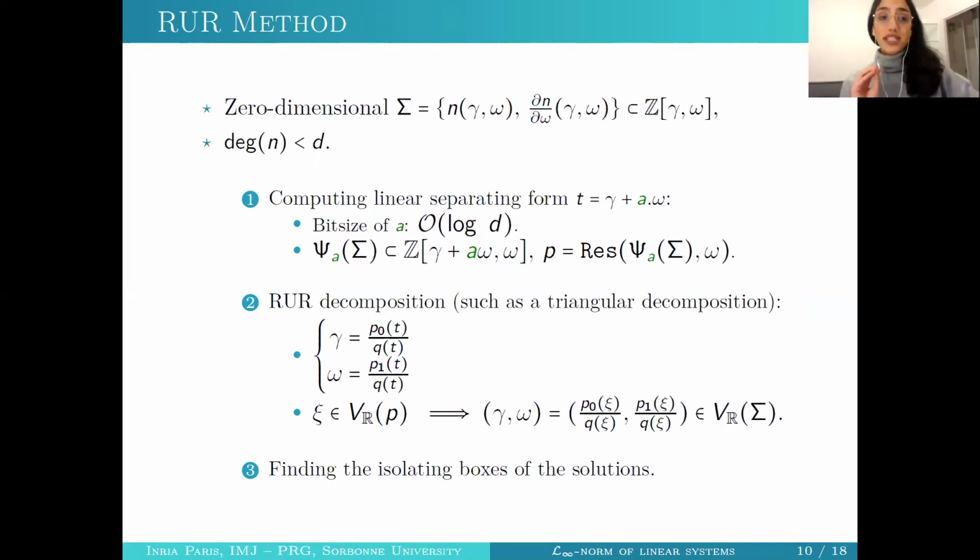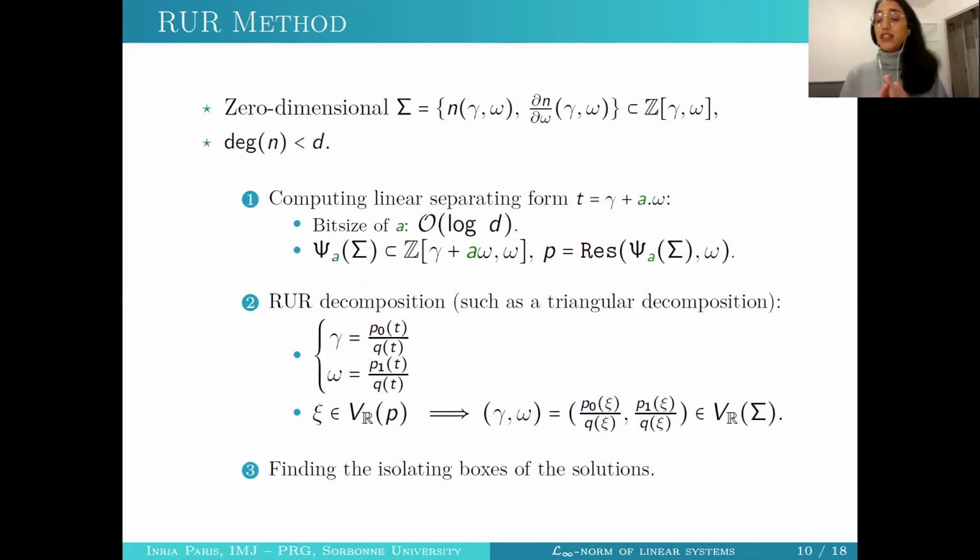The first step of the Rur method consists of computing a linear separating form, which is t equals gamma plus a omega, where a is of the best optimized size, which is in the order of log of g. Then a polynomial p is a univariate polynomial, which is the resultant polynomial of the system with respect to omega.